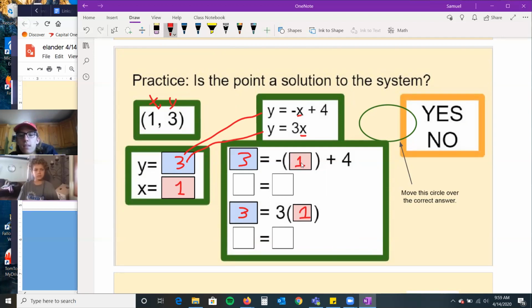All right, so this now says -1 times 1, which again is -1. Change colors. All right, -1 plus 4 is going to be what? What do you guys think? Okay, Emmett's saying 3. What do you ladies think? 3, do you agree or disagree?